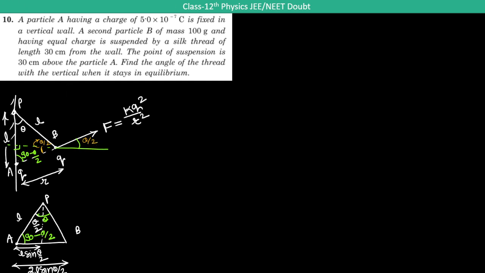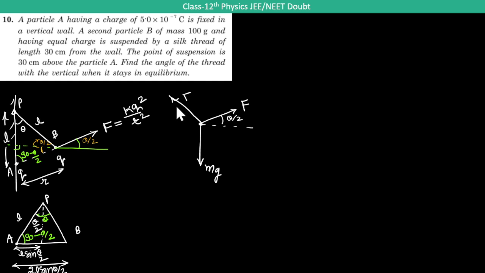Now if we plot the FBD, there is one force that is vertically downward, gravity, one force that is F, and this F makes angle theta by 2. Here we are using complete geometry. And one force is the tension in the thread.